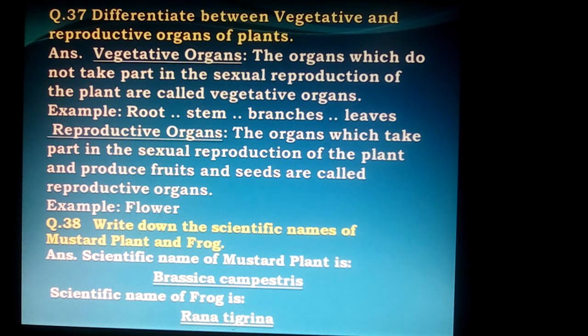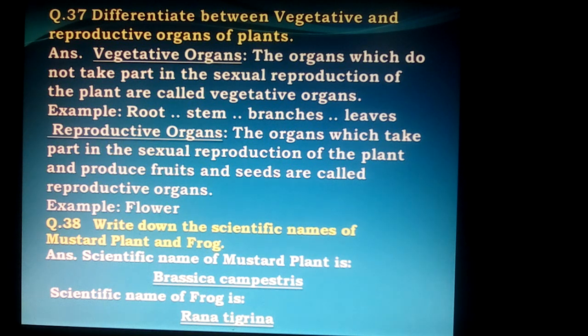Question number 37 says, differentiate between vegetative and reproductive organs of plant. When I was explaining the mustard plant, I told you that the flower is the reproductive organ, and root, stem, leaves and branches are vegetative organs. Vegetative organs are the organs which do not take part in the sexual reproduction of the plant.